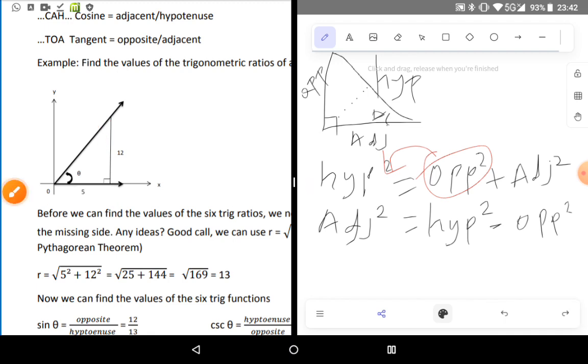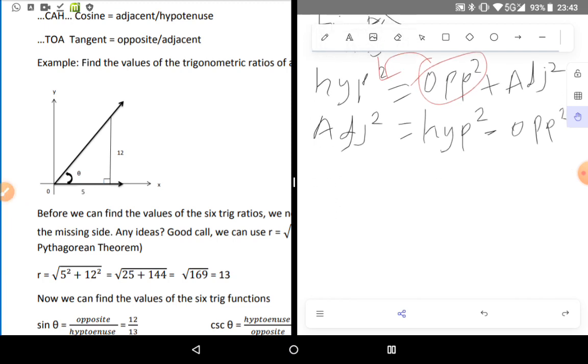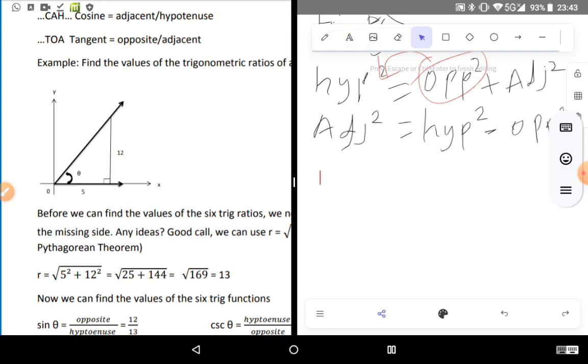So now let's go back to what we have by applying that formula. What we are going to have now is hypotenuse square, which is what we are actually looking for. Let me type it up. So I say hypotenuse square is equal to, I don't know what hypotenuse is yet, is equal to opposite square plus adjacent square.